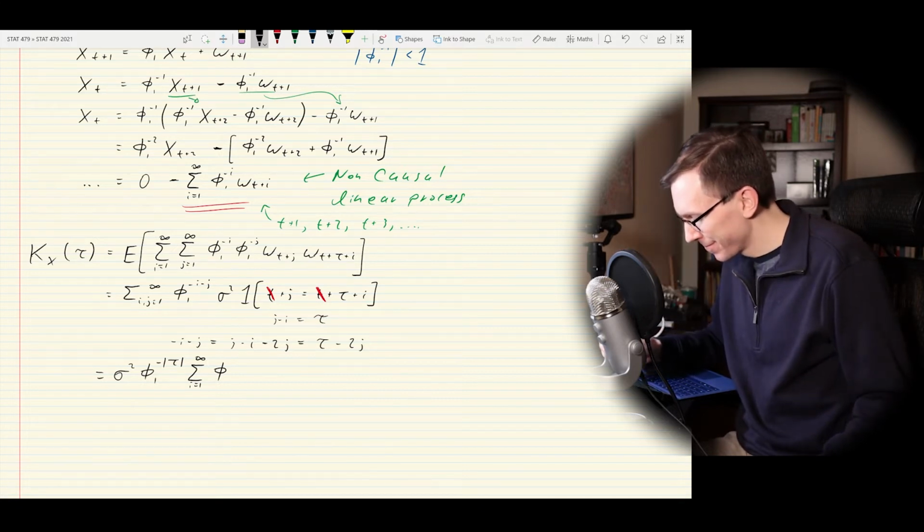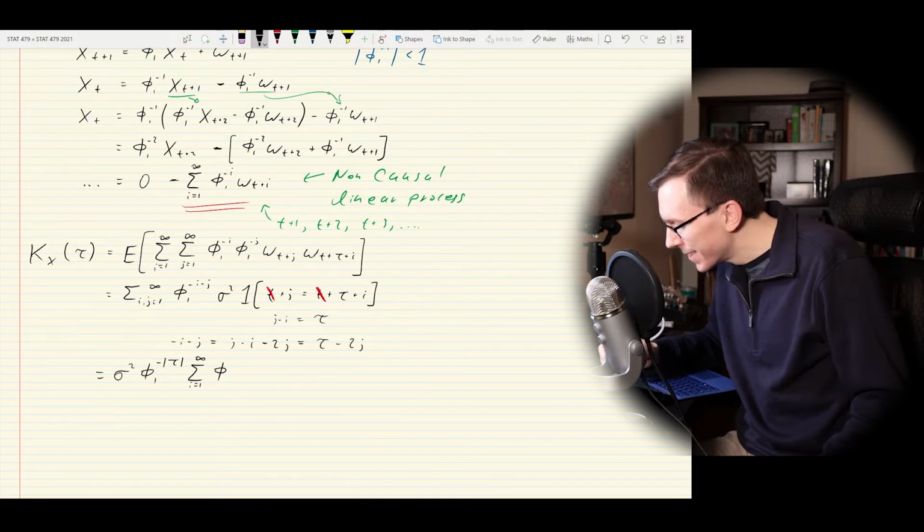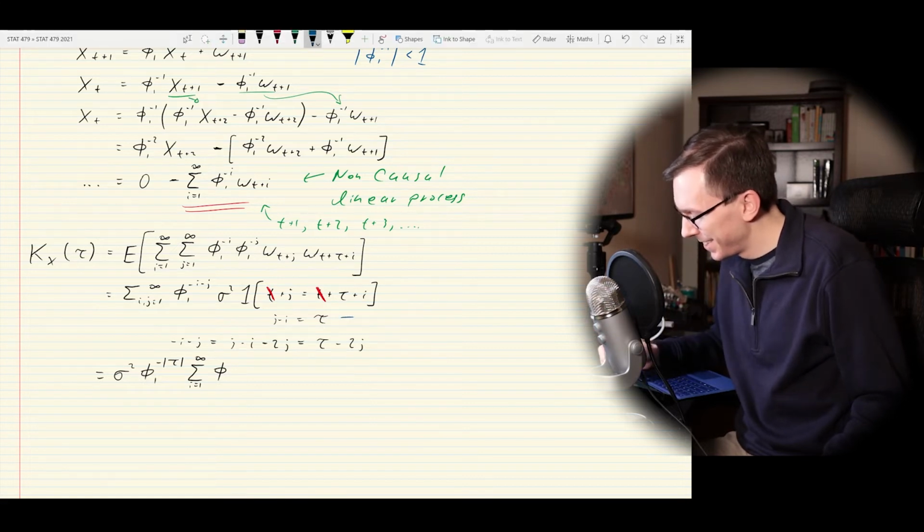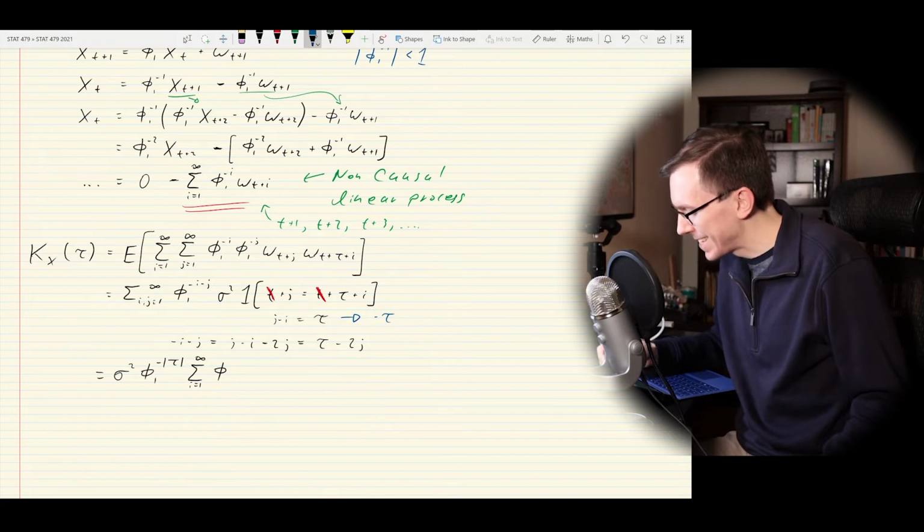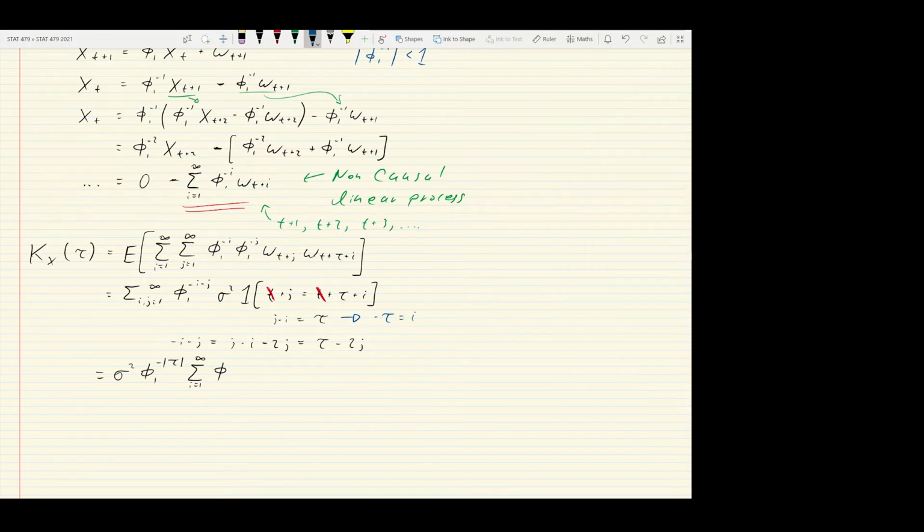So, man, these terms, I tell you. What I also need to do is flip this. I told you these things are a mess, right? We have minus tau is going to be i minus j.